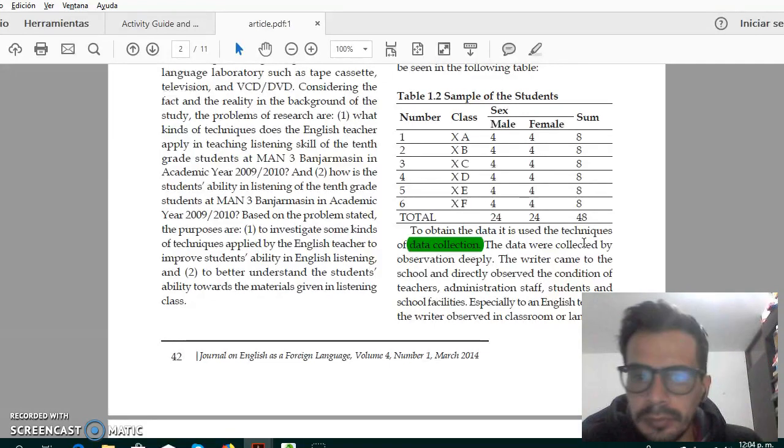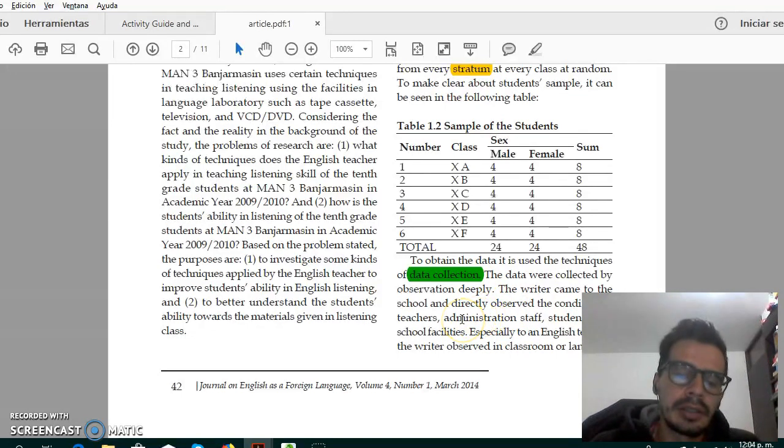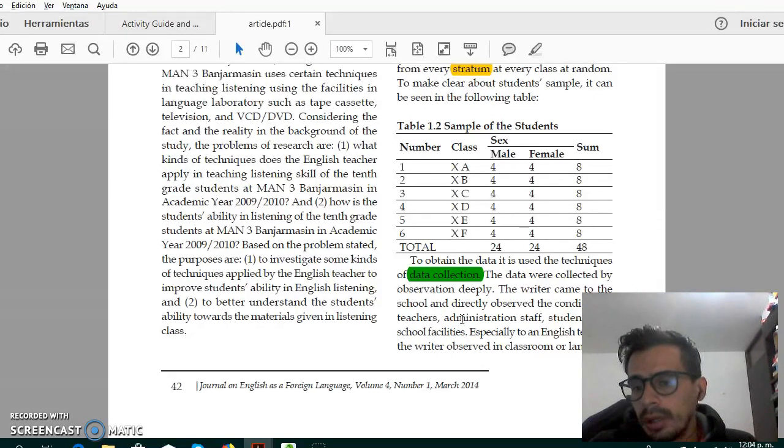The researcher uses data collection. This is another technique. In this case, the researcher or the writer of the paper goes to the institution and observes all the process.